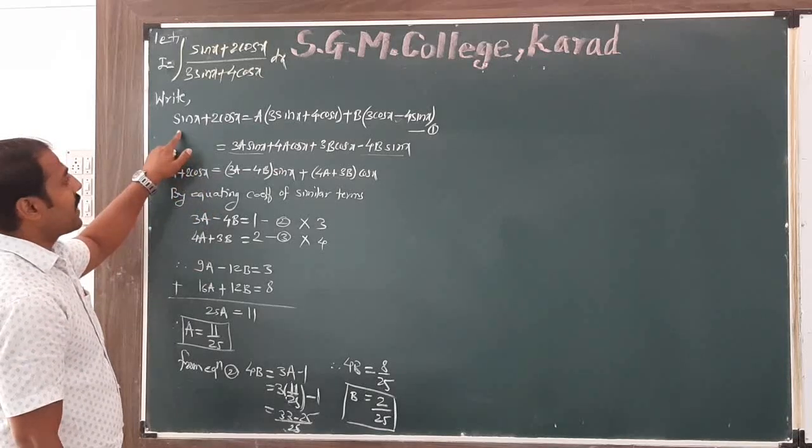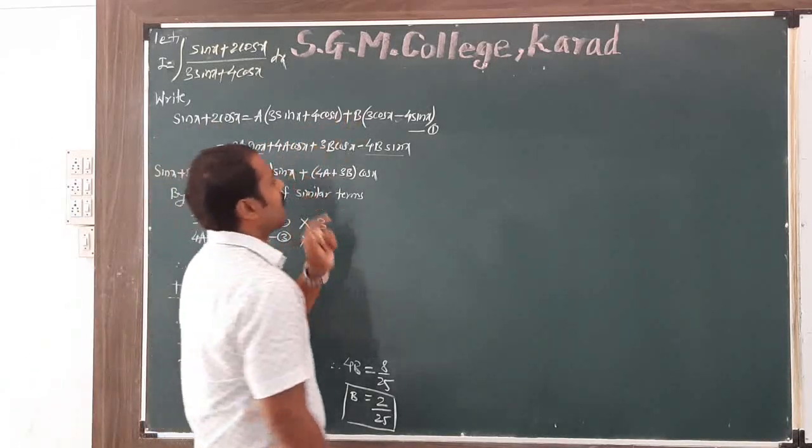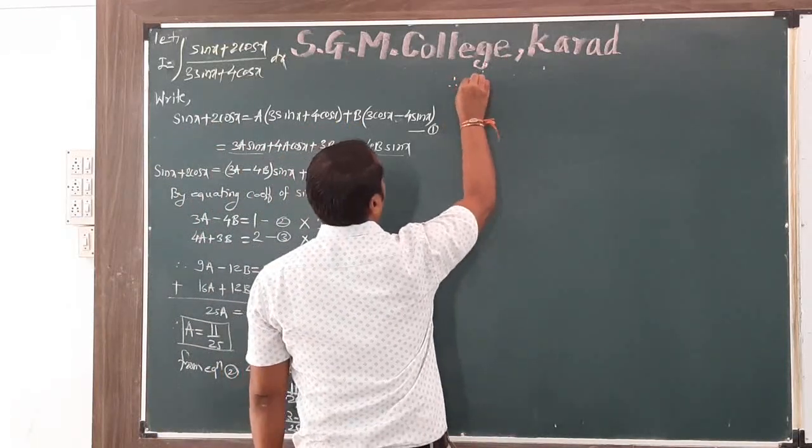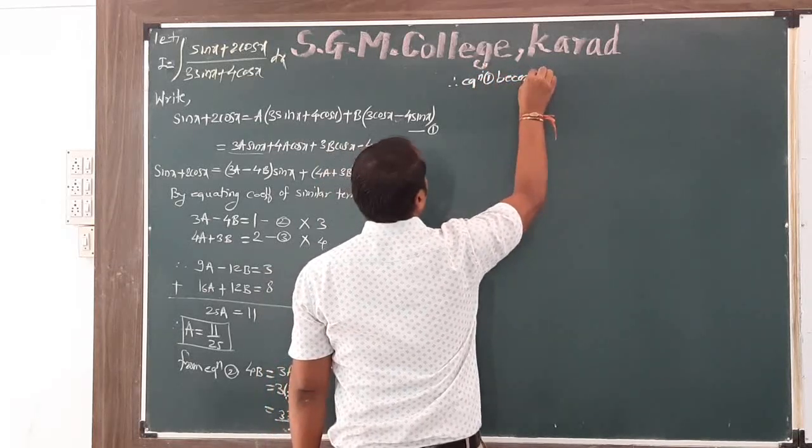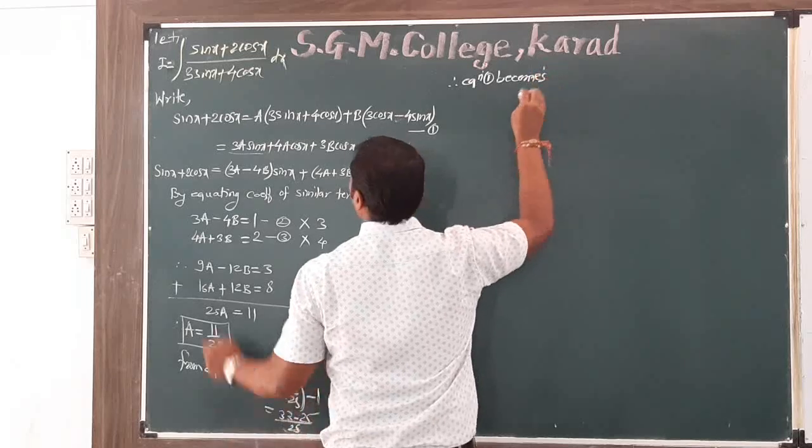Now, I can put the values of a and b in equation 1. Therefore, equation first becomes, what are the changes in equation first?